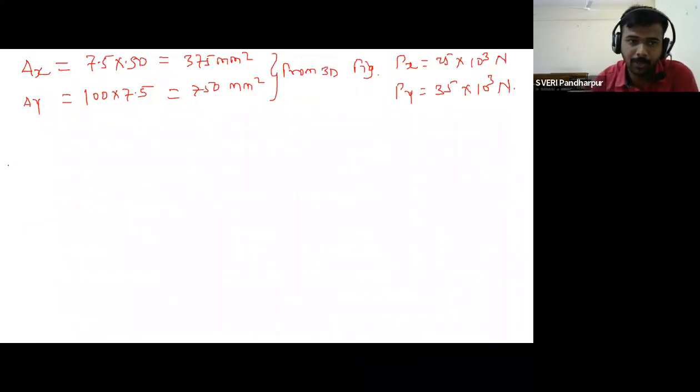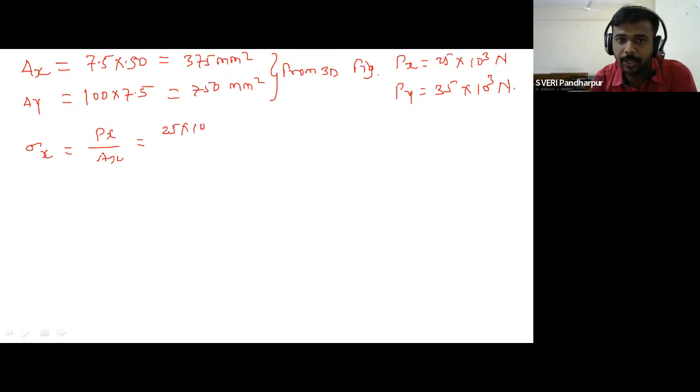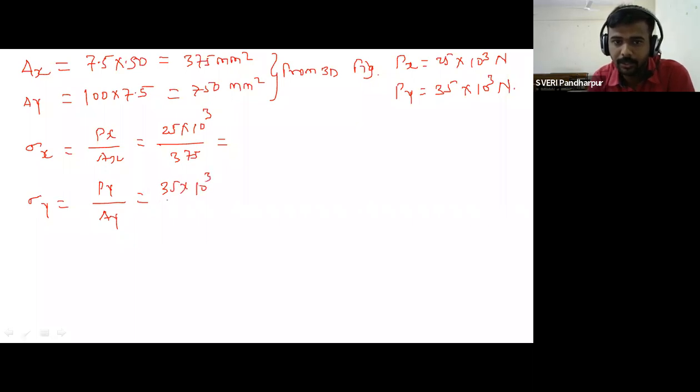So now first of all calculate sigma x. Sigma x is equal to Px upon Ax. So Px is equal to 25 into 10 raised to 3 divided by area Ax, 375. So you will get sigma x. Sigma y is equal to Py upon Ay, which is equal to 35 into 10 raised to 3 divided by 750.